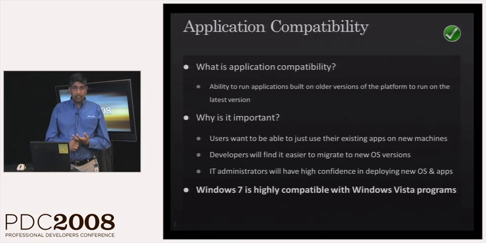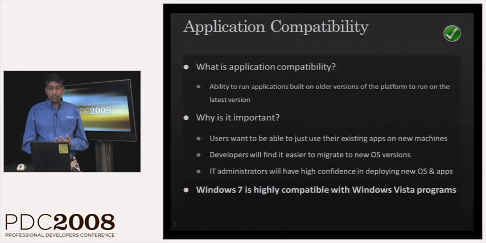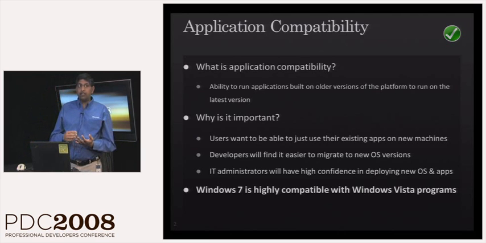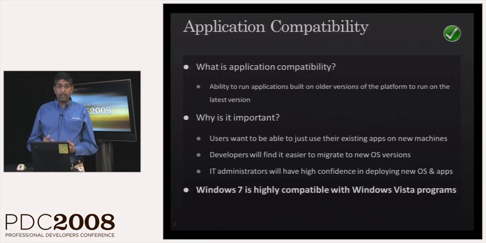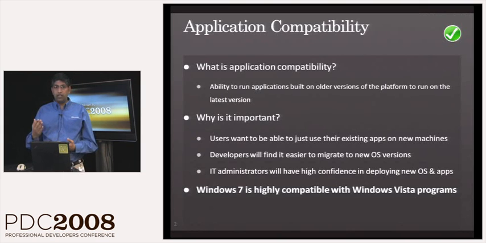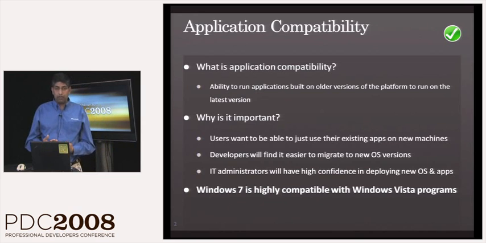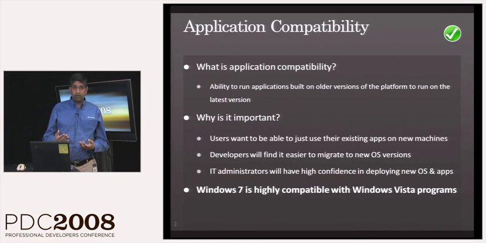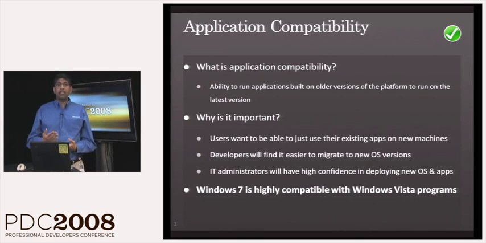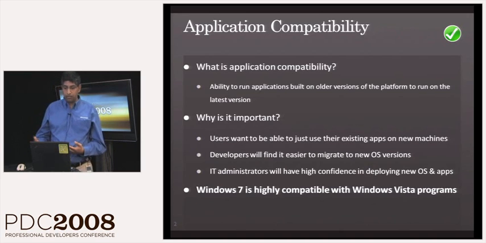So obviously, the things that are keen for end users are applications need to just work when they buy new machines. For enterprises, the IT administrators need to be confident that they will be able to deploy a new operating system with the large set of apps that they have without having to worry about compatibility issues. And thirdly, for developers, the better the apps are designed, the easier it is for you to migrate them to the new versions of the operating system.